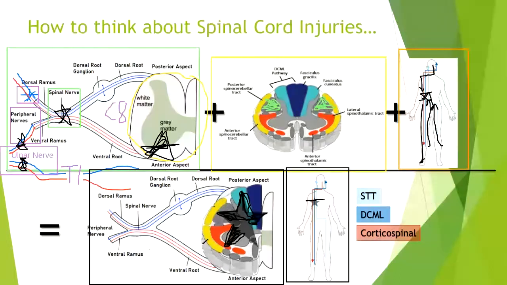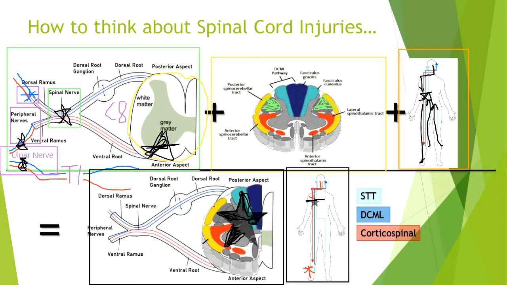So if we now look at our little man and we see that we've got cut off here, and let's just say that there's a complete loss on that side, our motor information cannot get through. If we follow the motor tract, we're going this way, it's going to stop here, and we're not going to get any motor information coming down this leg. So that's going to be an ipsilateral loss of motor function.